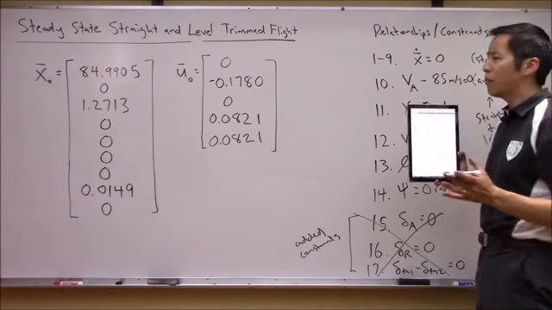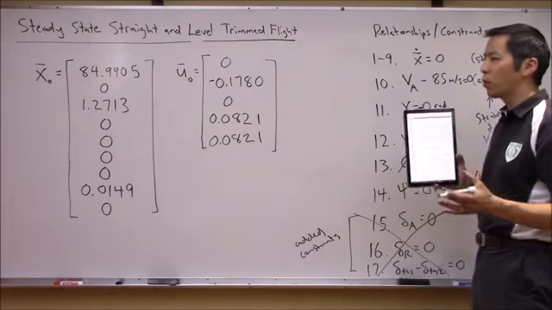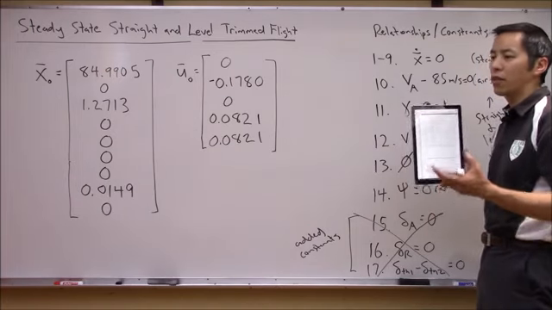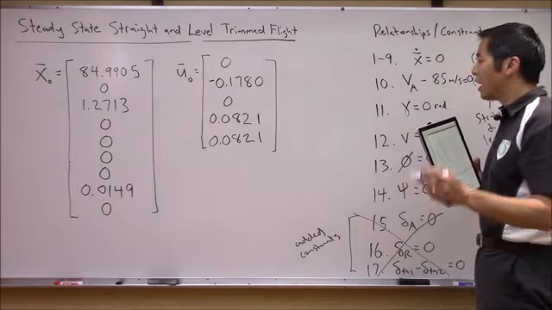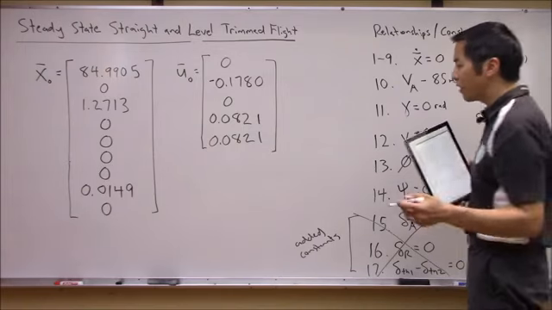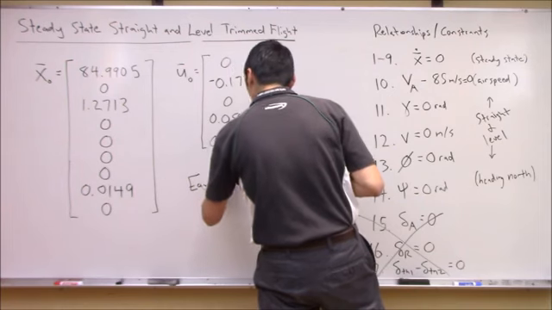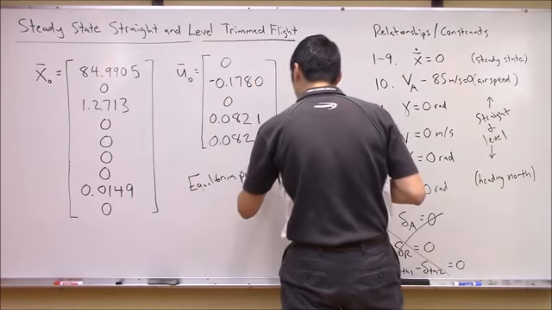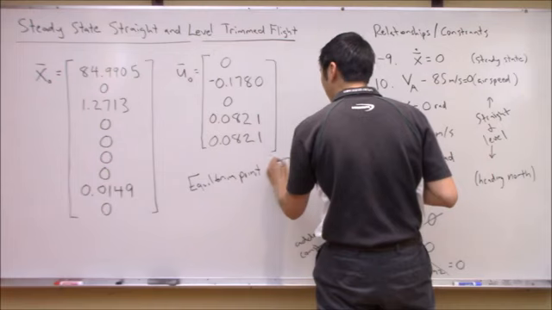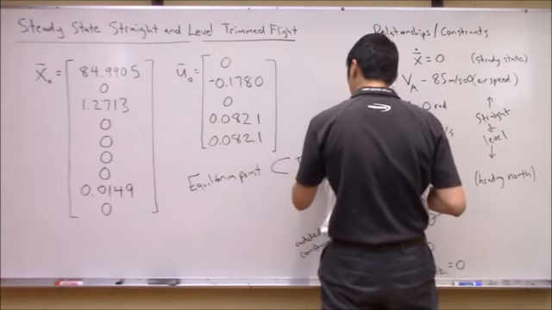A lot of times people will use the words equilibrium point and trim point interchangeably, and they appear to not be any different. I do want to call out that there is definitely a difference, right? So an equilibrium point is typically, equilibrium points are like a subset of trim points, okay?